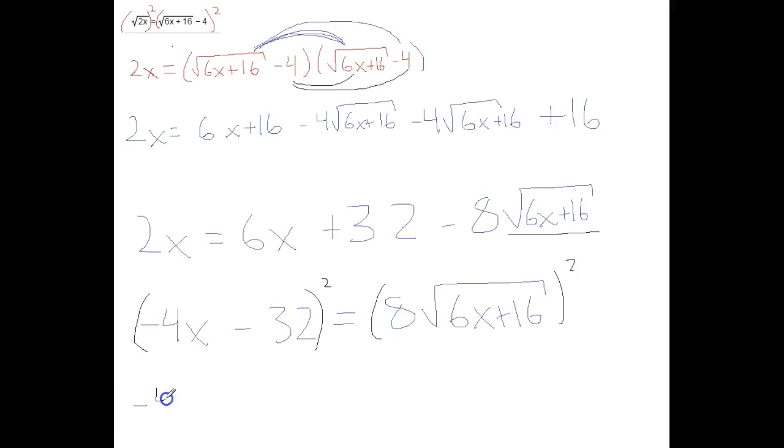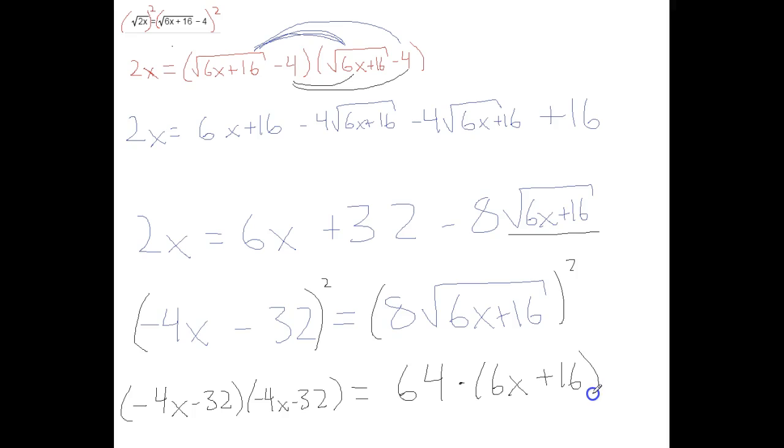So on the left side we have to do FOIL again, or distributive property. FOIL is the shortcut for remembering that. And over here we're going to have 8 times 8 is 64, and then the square root times the square root is just the value underneath the square root.